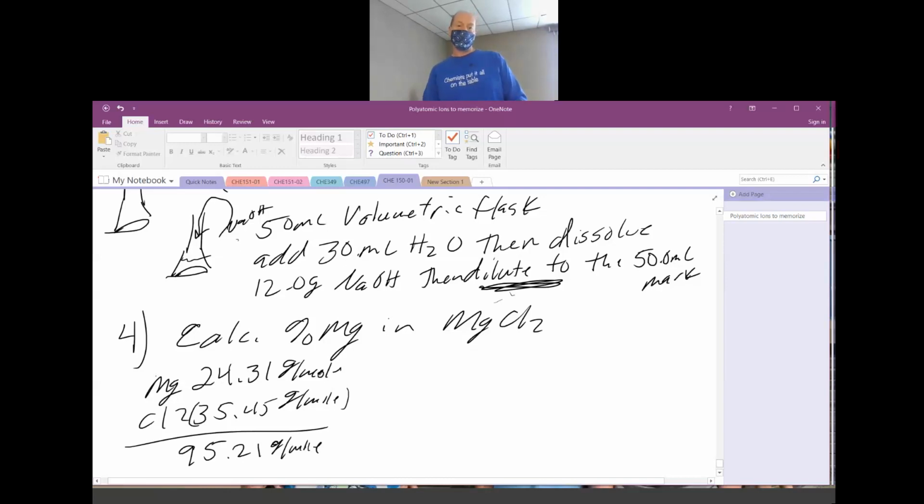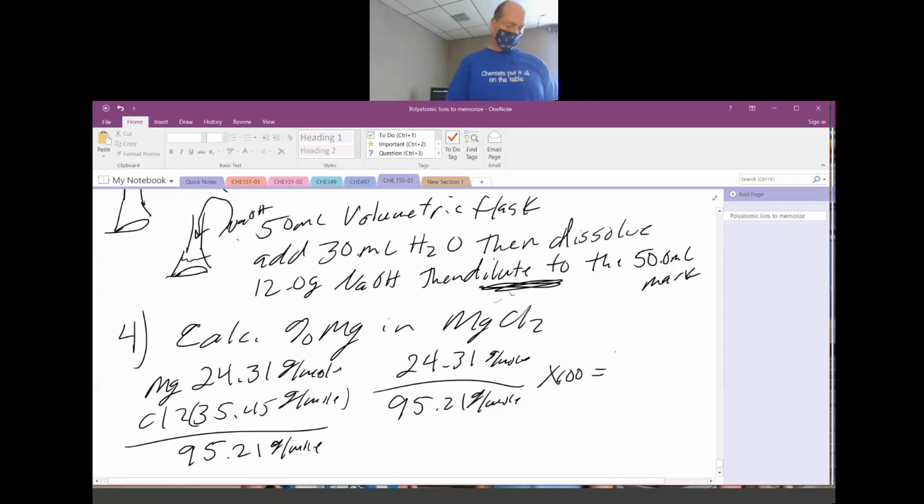You just take the mass of magnesium divided by the mass of the magnesium chloride, times 100. So you take your 24.31 grams per mole and divide by the total, which is 95.21 grams per mole. To get a percent, multiply by 100.